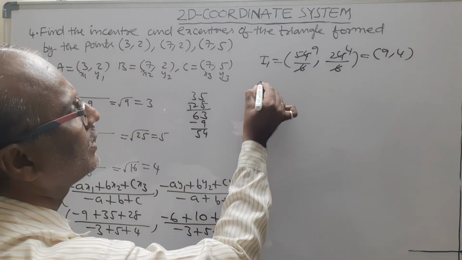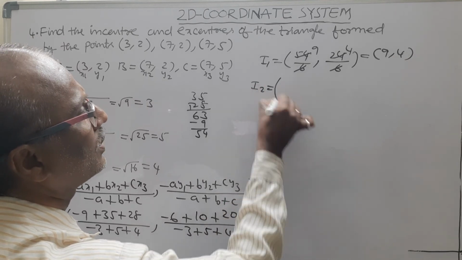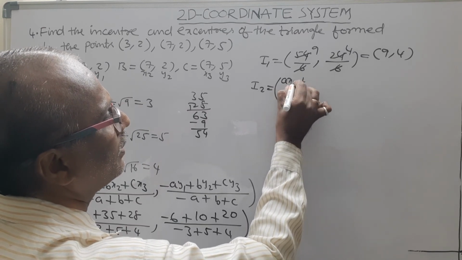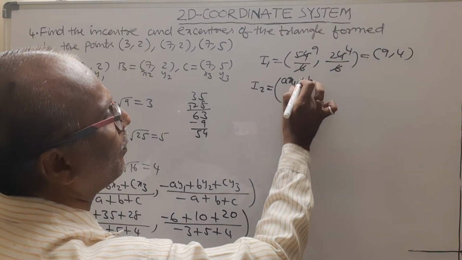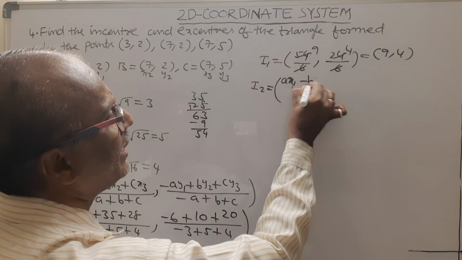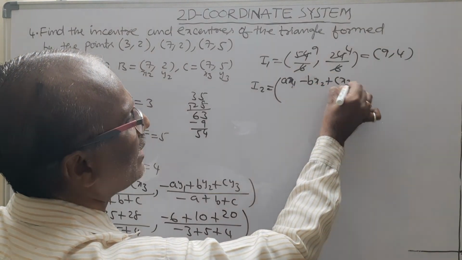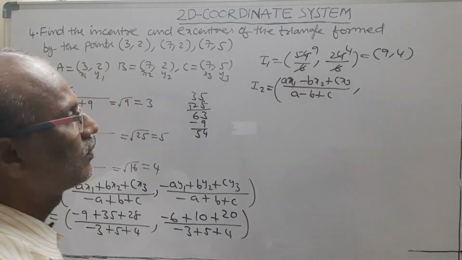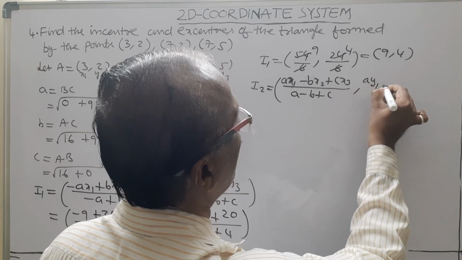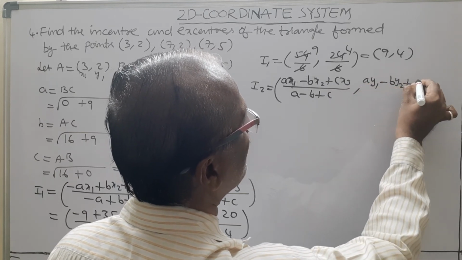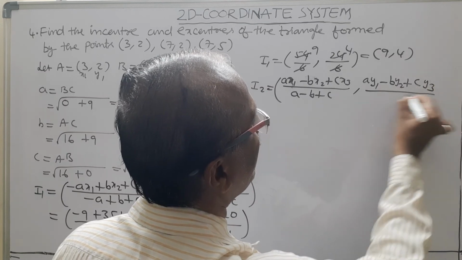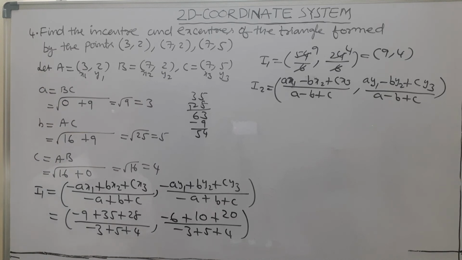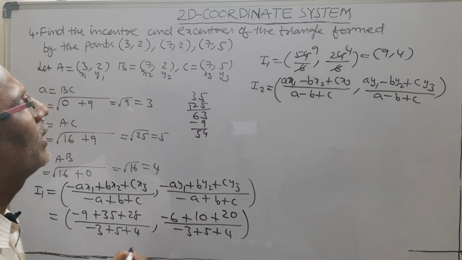Next, to find excenter I2, the formula is (ax1 minus bx2 plus cx3) by (a minus b plus c), comma, (ay1 minus by2 plus cy3) by (a minus b plus c). This is I2, the excenter opposite to vertex B. Apply the values.